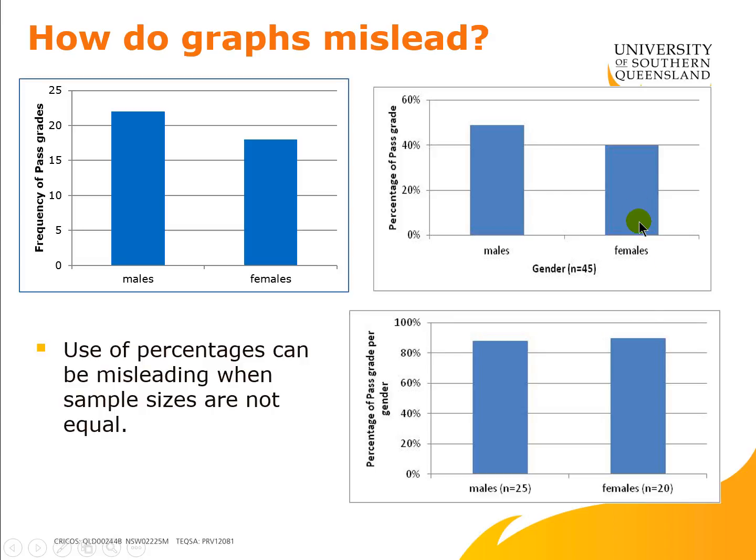The heights, females are lower here, very slightly higher here. And unless you're very clear about what this percentage represents, it can be very easily misinterpreted. So you need to make it clear to the reader what this percentage is out of. So it's 82% of what? In this case, 25.